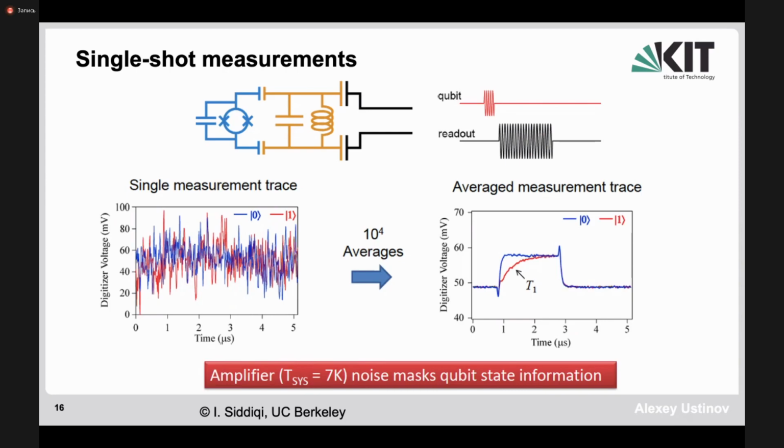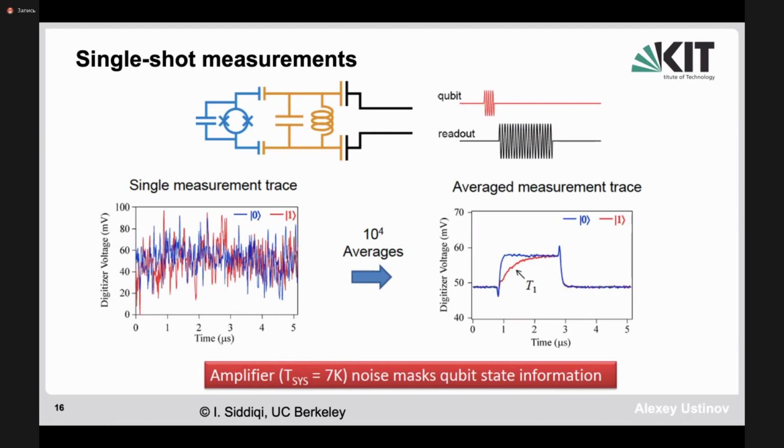Now, the picture on the left shows the single measurement trace of the voltage output of the amplifier. If your qubit is in state 0, you see the blue trace, and state 1 is the red trace. If you do many averages, you see the qubit go from state 1 to state 0.